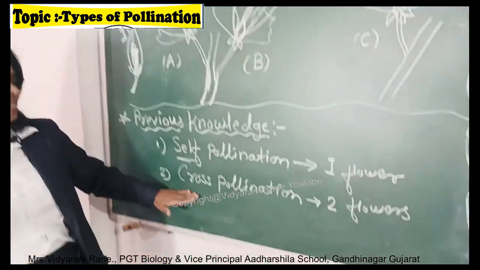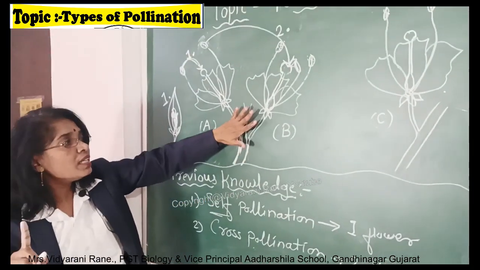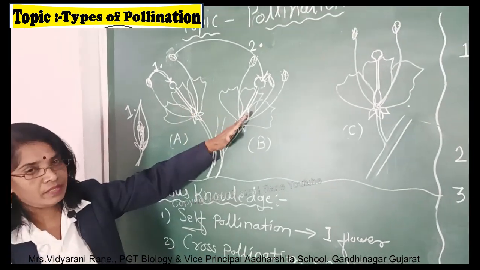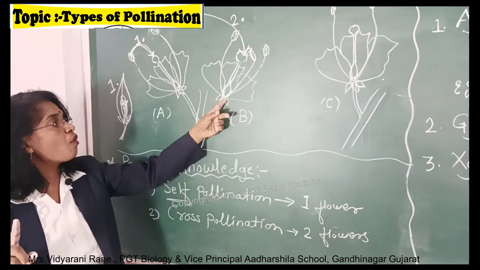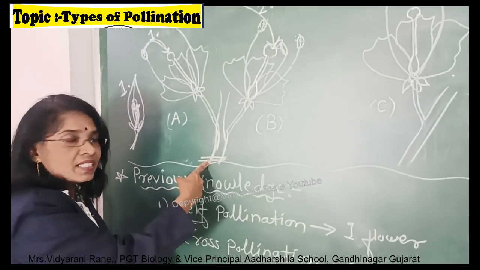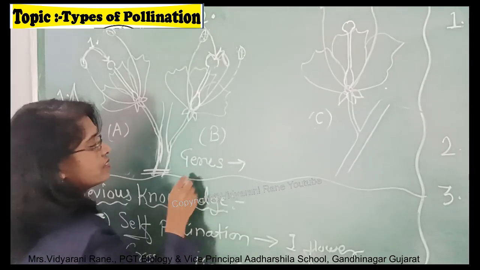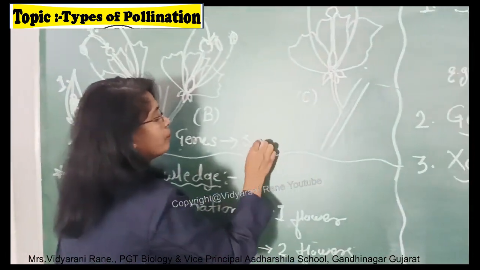Now you can consider it cross pollination according to your earlier knowledge, but here you can see physically two flowers are there on the same plant. But as these flowers are of one plant only, its mother plant is the same. What about the genetics? Genes of both these flowers are the same.